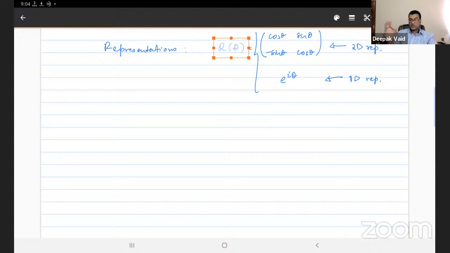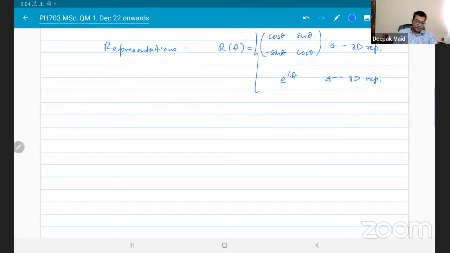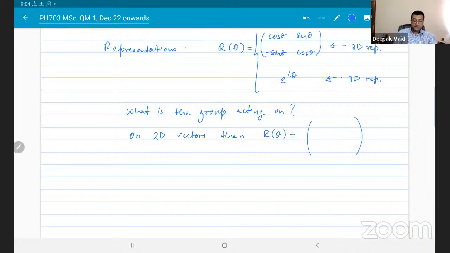When I ask what the group is acting on, for instance on 2D vectors, then what is the correct representation? The matrix representation.